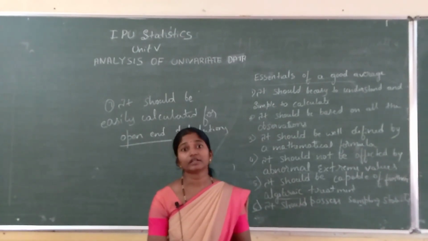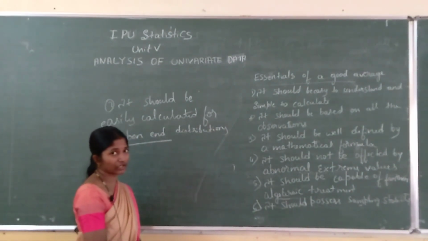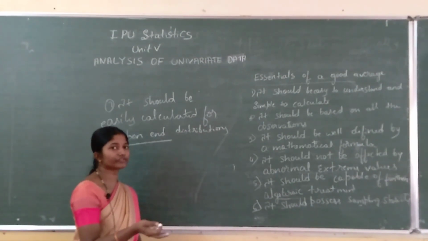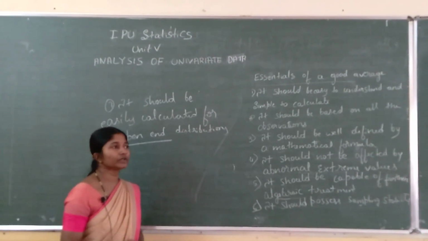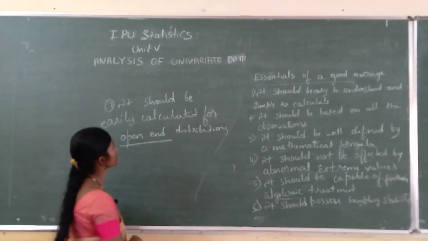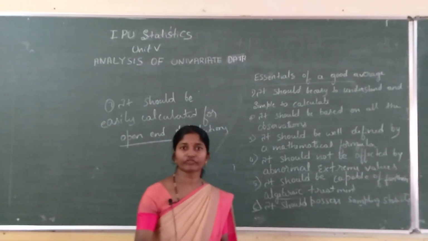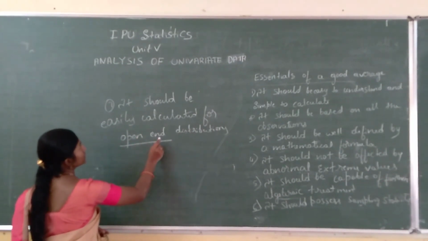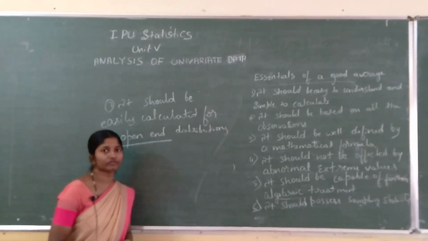In the open end distribution, the first values or last values are not given in full. Here it is like less than 50, or in the last class, more than that. That is the open end distribution. It should be easily calculated for that type of data also. For open end distribution also we can calculate measures of central tendency.